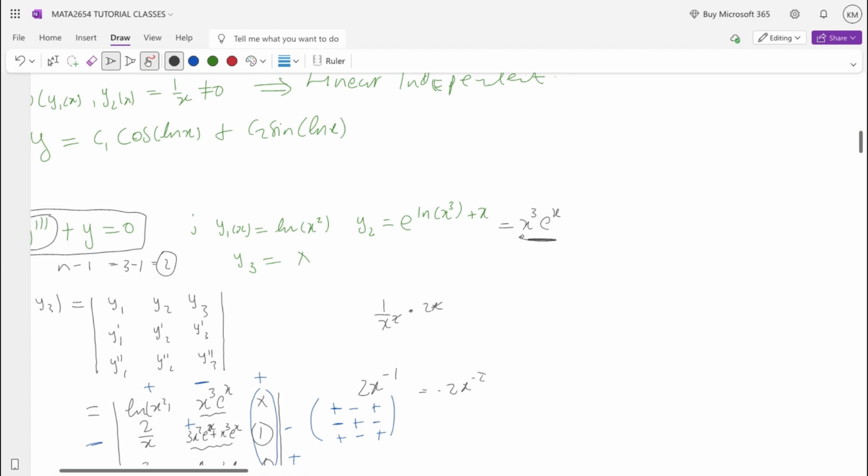For this function, it's all values of x greater than 0. Strictly, I mean, for this one, it takes all elements. So for this one, it's an element from negative infinity to infinity.